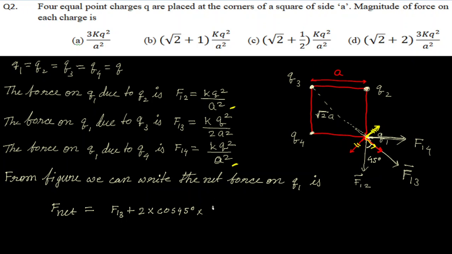Both have the same magnitude, so you can put K Q square divided by A square.